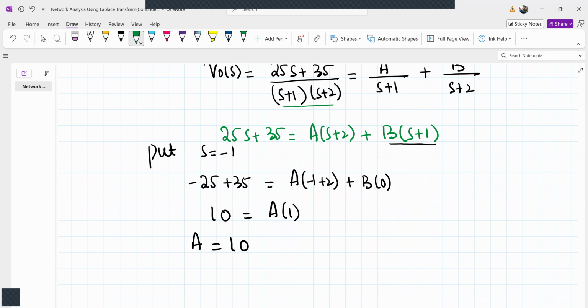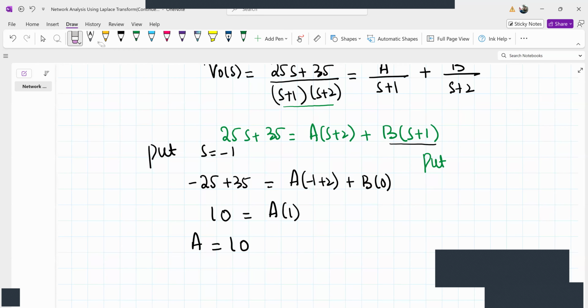Similarly, in order to find B, we'll put S equal to -2. Now if we substitute S equal to -2, it will be 25 into -2 plus 35.